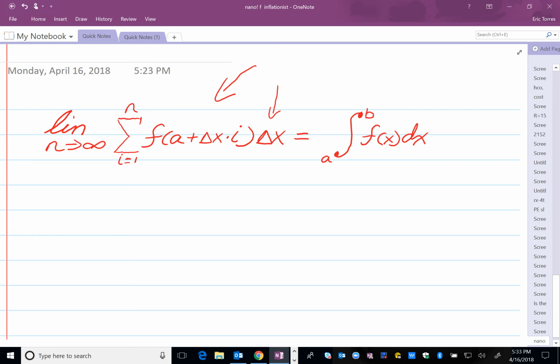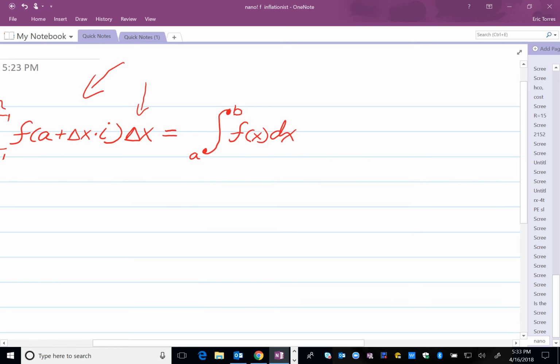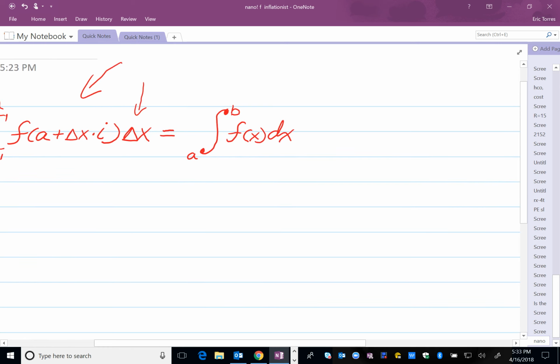And the idea was if you have more and more rectangles, you have more and more accuracy. So our jump into calculus is this new formula, which we're about to explore, our fundamental theorem of calculus, where this is going to equal f of b minus f of a.